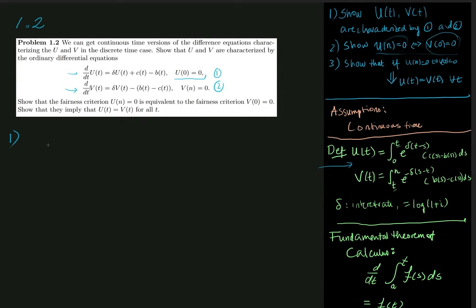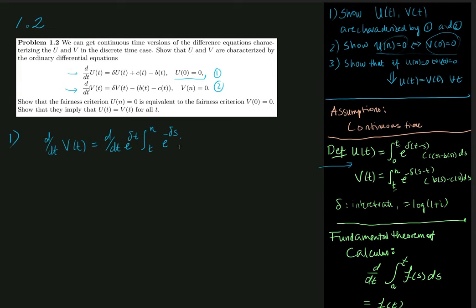So I have the derivative of v with respect to t. That is, well, let's see, d/dt, and then I have the integral from t to n of e to the minus delta s. And already now I will take the e to the delta t outside of the integral, like this.